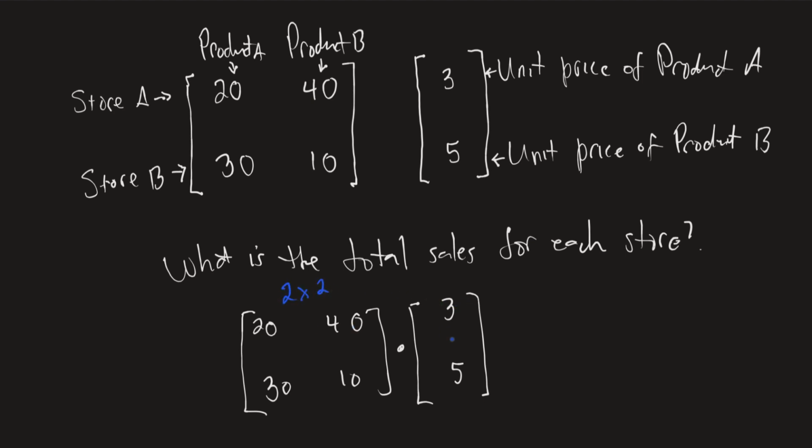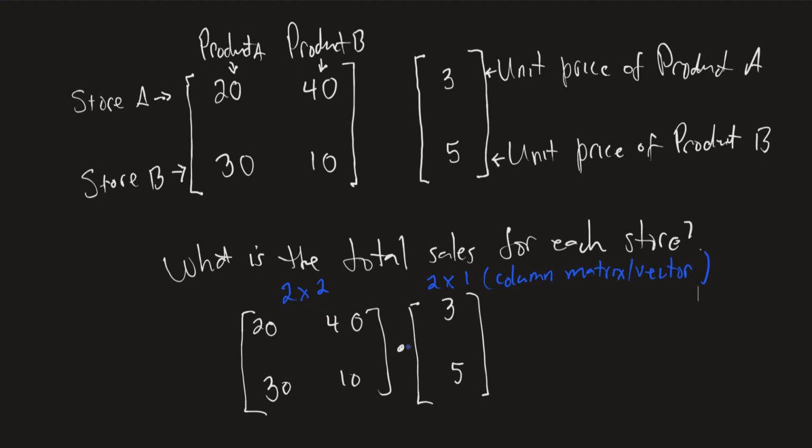And this one is kind of a special one. It has 2 rows, but only 1 column. Sometimes when it has just a single column, it's called a column matrix or vector, which is a word that seems to come out of nowhere, but it's going to be here for the long haul.